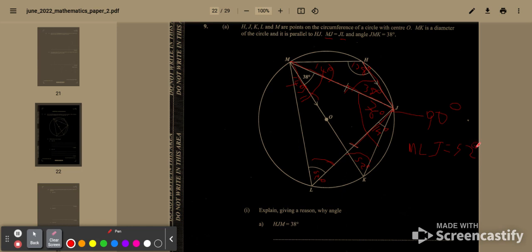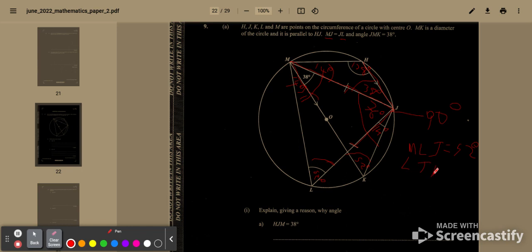Now let's look for the other angle they ask us to solve for. LJK. Let's see if you see it. LJK is 14 degrees. Remember, it is the angle in the middle.